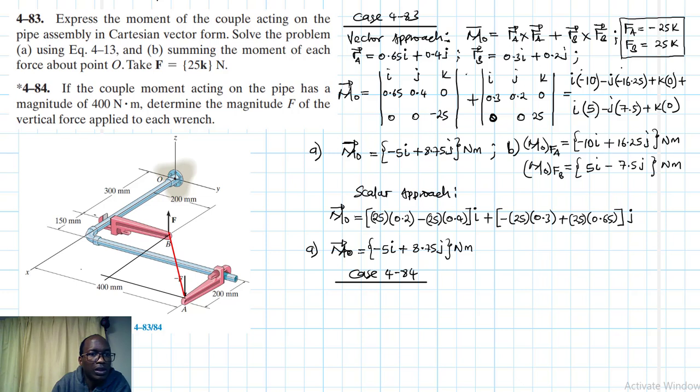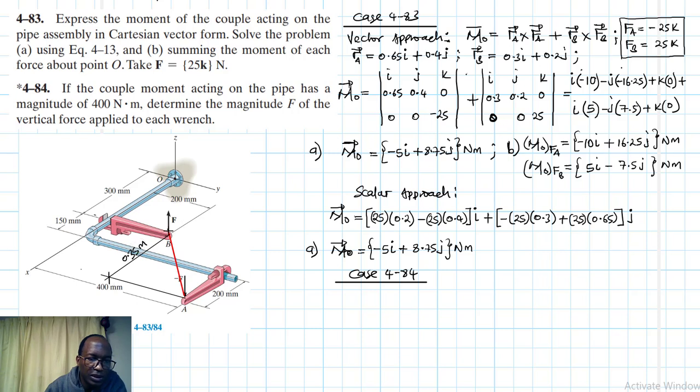So we know the length for this side here. It's 200 plus 150, so this is 350. And if we were to write it in meters, we write it as 0.35 meters.